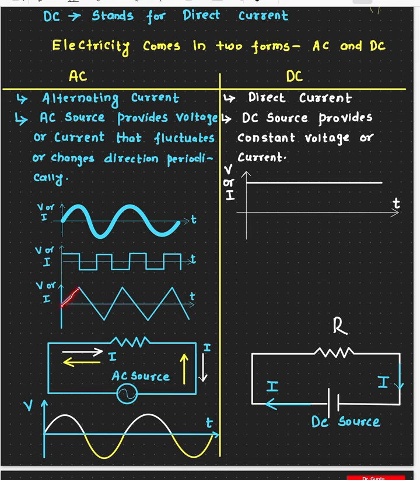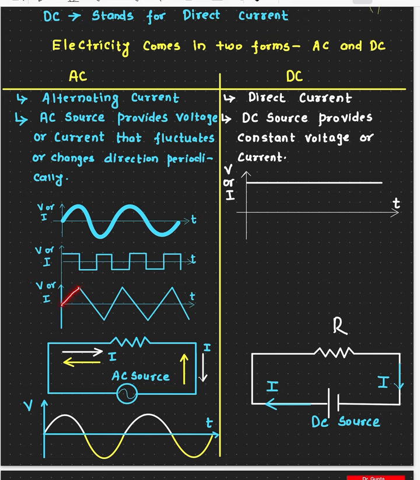Now this one is an example of a triangular AC source. Here the voltage continuously increases, then decreases again. This range is positive, this is negative, again positive and negative. So its direction is continuously changing from positive to negative.